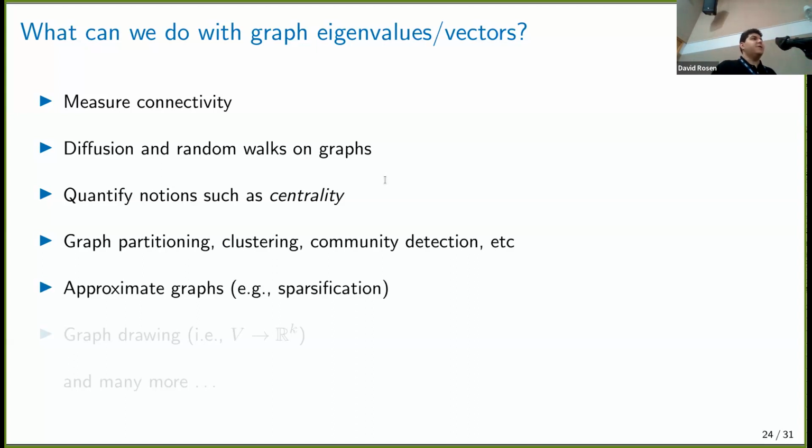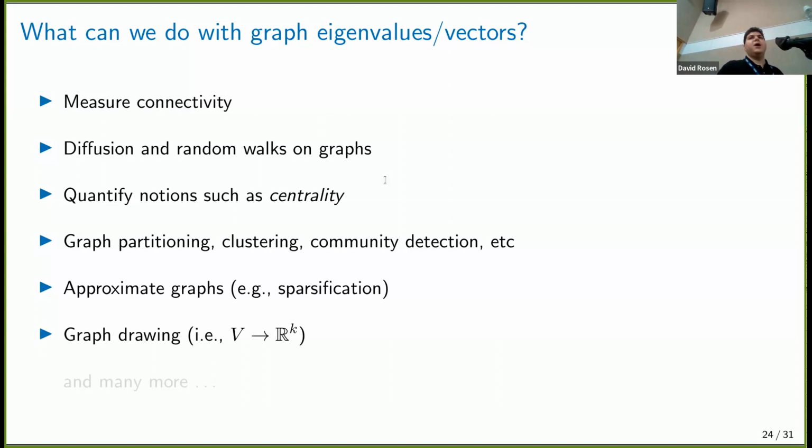You can think about how, in a principled way, you can approximate a graph. For example, how can you approximate a graph with a sparser version of it? And what's the figure of merit there? You can start looking at drawing graphs. So if I give you a graph, it's a purely combinatorial object. It's just a bunch of connections between pairs of vertices.